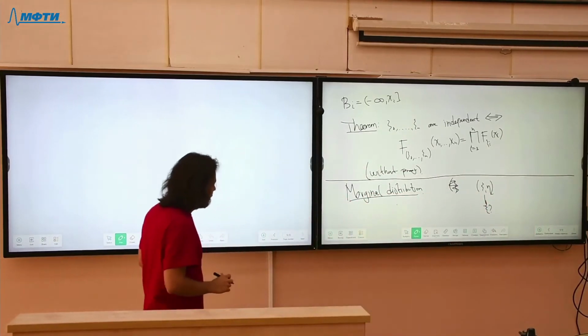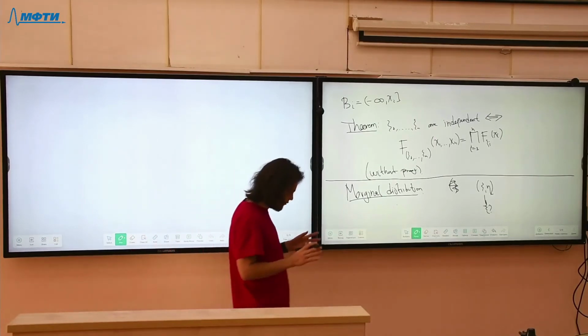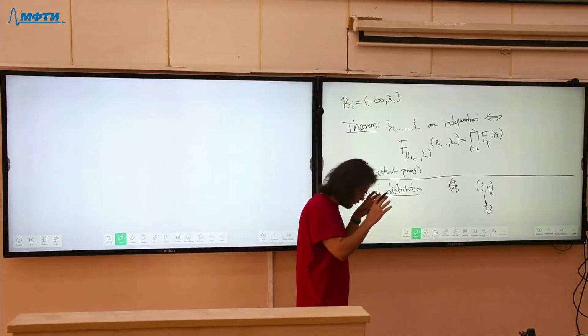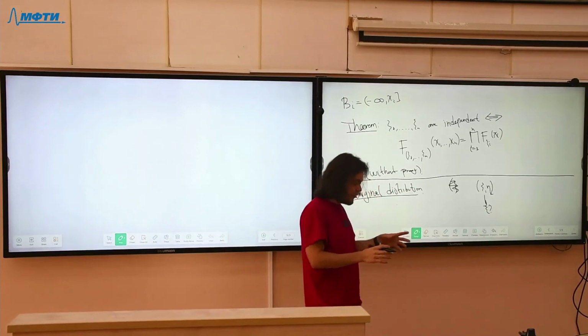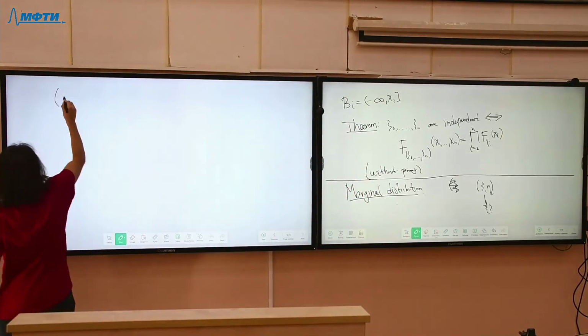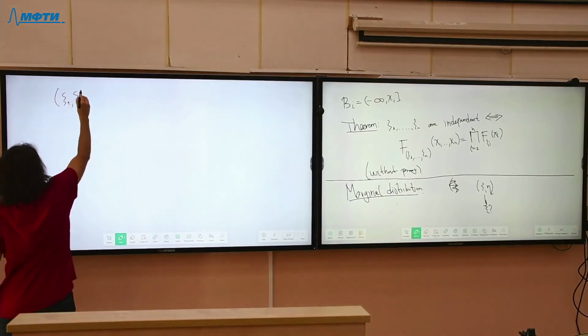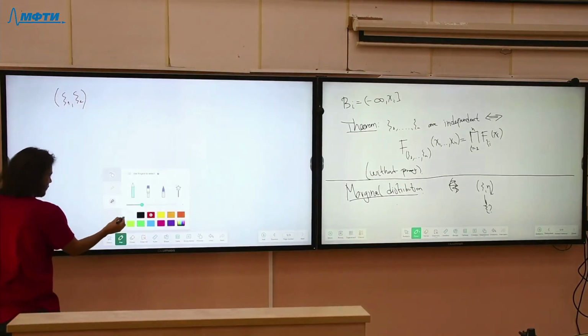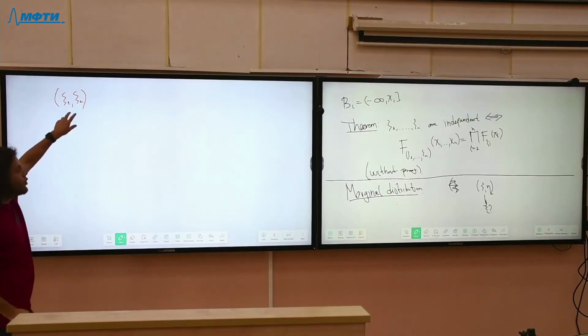Look, we have vectors and we have random variables. Random vectors and random variables. If we have a random vector, for example, psi1, psi2, maybe we know the joint CDF of this.